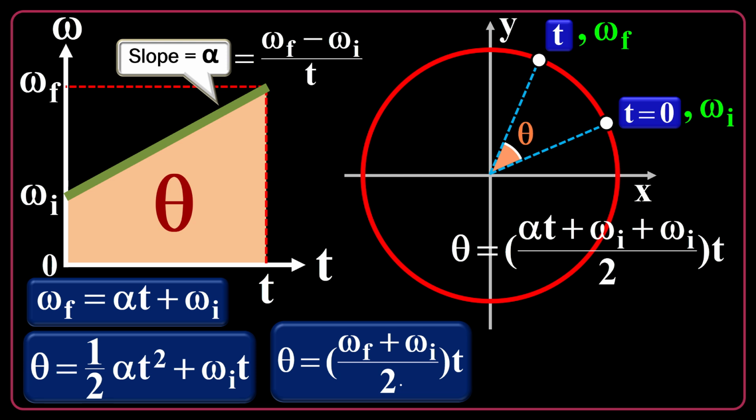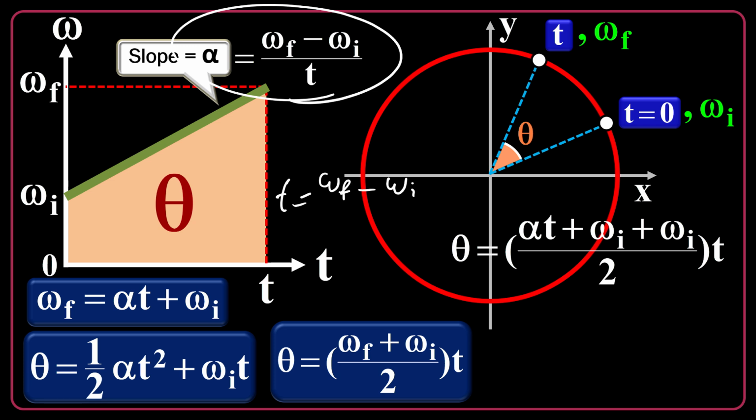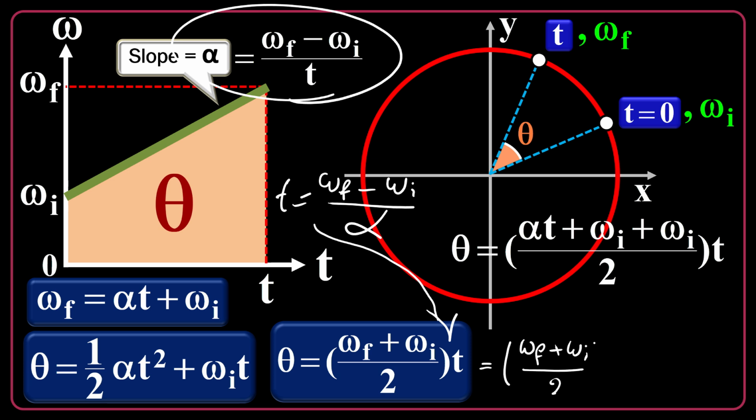Finally, we can derive and extract the last equation, which is time independent. How? It's very easy. Look at this. Here alpha is omega final minus omega initial, divided by t. So let's say t is omega final minus omega initial, divided by alpha. And let's plug this into this equation. So theta is omega final plus omega initial, divided by 2, times omega final minus omega initial, divided by alpha. That's all.